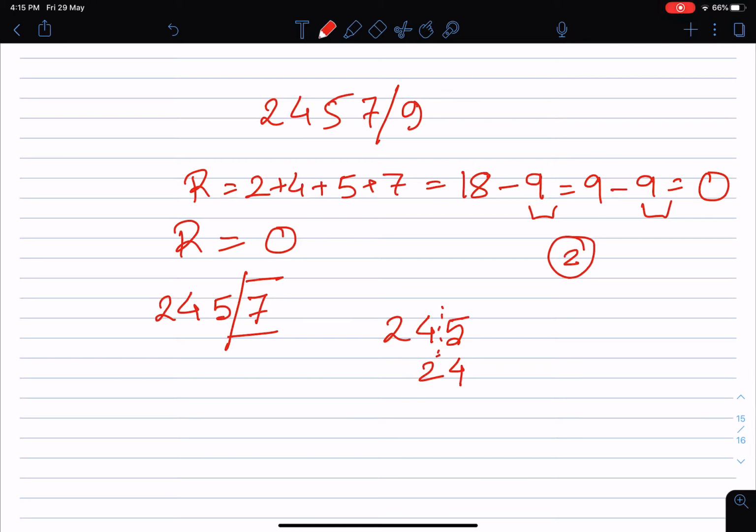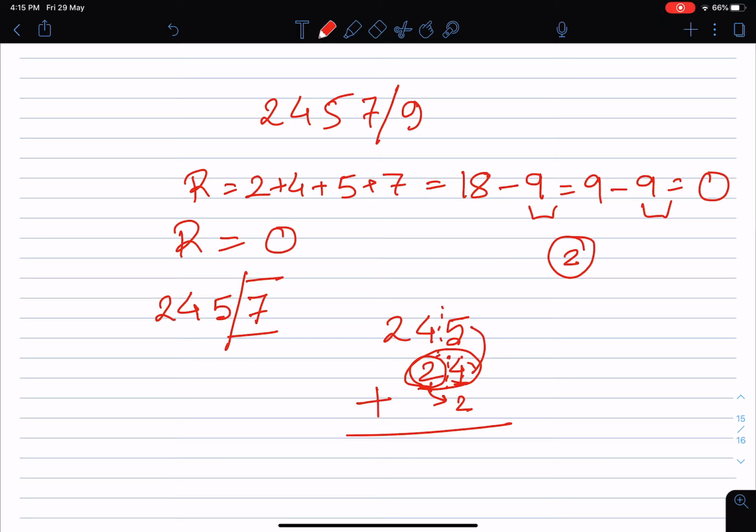Again I'll skip this 4 and add this 2 again with this number. Hope you guys understood what we are doing. We're just leaving our rightmost digit, and what is left we're adding up with the number itself. Again we are leaving this rightmost digit, which is 4 here, and adding up what is left with the same digit.